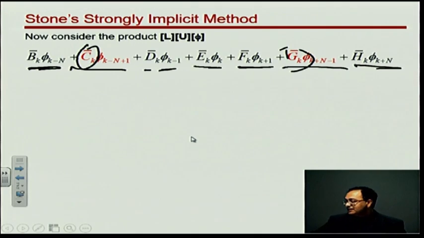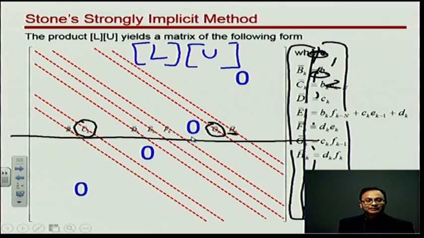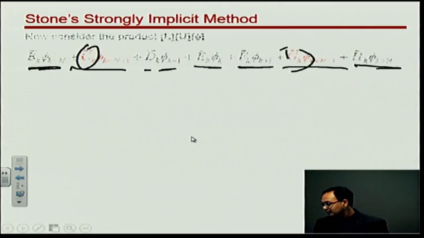The c actually ends up multiplying phi k minus n plus 1, and the g ends up multiplying phi k plus n minus 1. Because if you look here, h is multiplying phi k plus n, if you look at the vector that it's multiplying. So this guy must multiply the phi value just above it, which would be phi k plus n minus 1. So that's what this is showing.